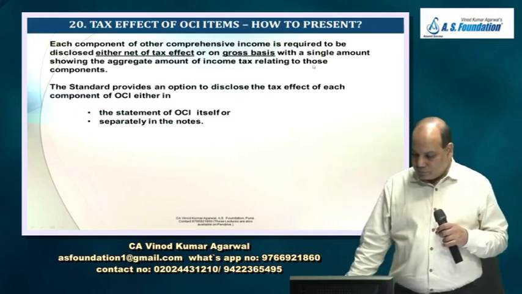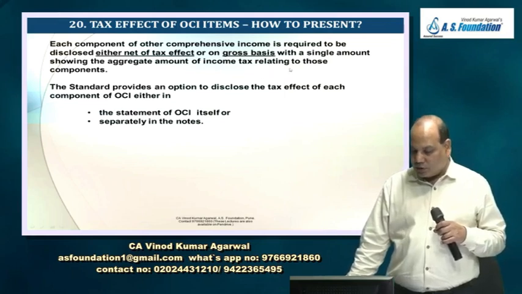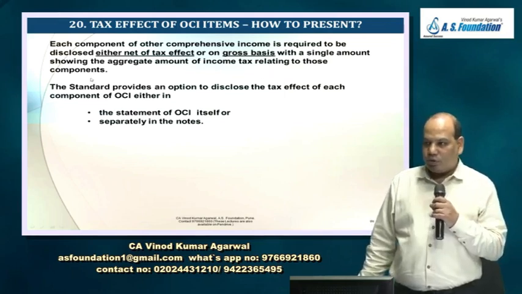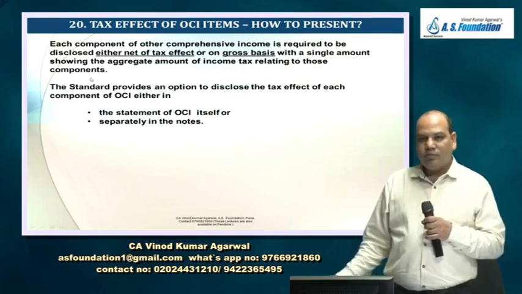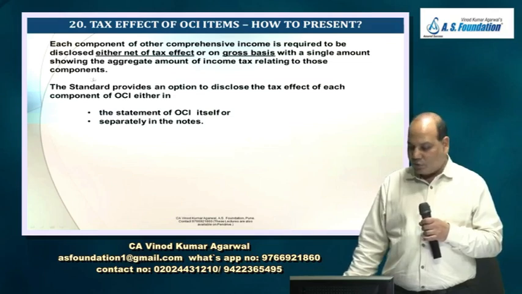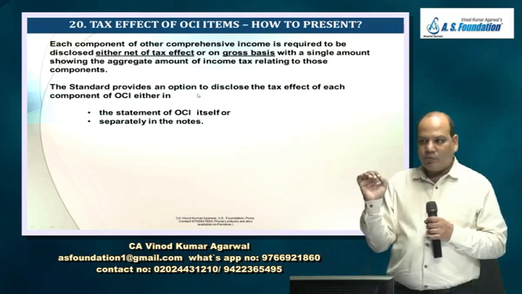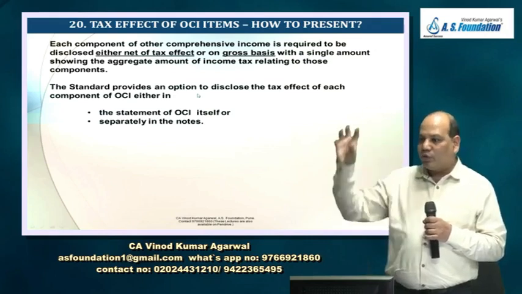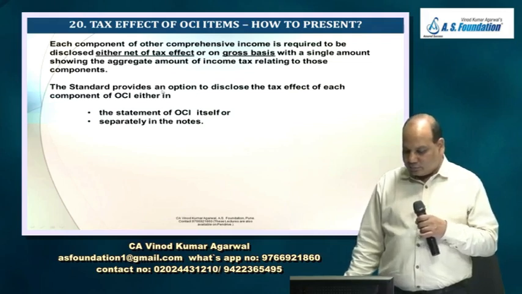Or gross basis with a single amount showing the aggregate amount of income tax relating to those components. If you see the statements of companies, they follow this approach, the gross approach. They write gross items one by one, and the tax effect of all the gross items together they will write as a single line item.